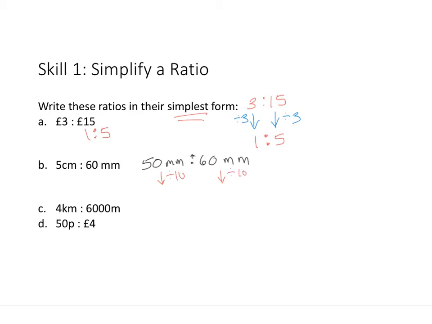So when you reduce this down, your answer should be 5 to 6. And if you had worked and converted 60 millimeters to 6 centimeters, well, pretty much you're done there. So either way, 5 to 6 is your ratio.